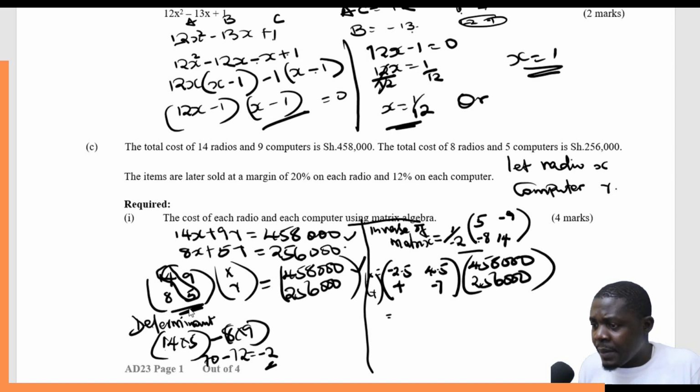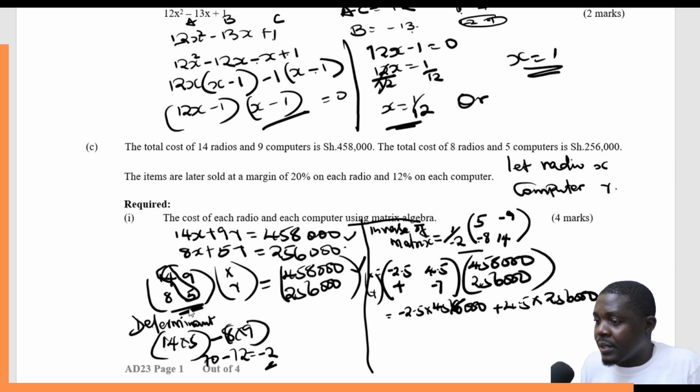Now how do you multiply a matrix? It is row by column. We are having negative 2.5, I multiply by 458,000, plus 4.5 multiplied by 256,000.